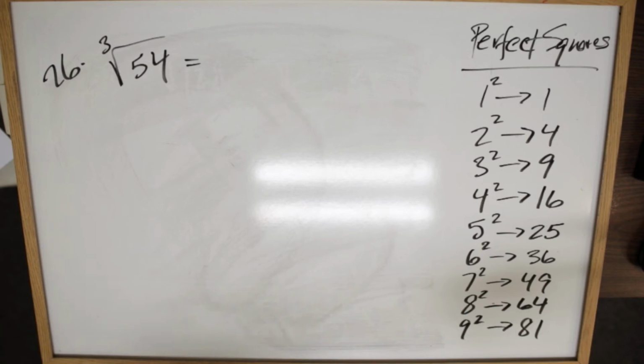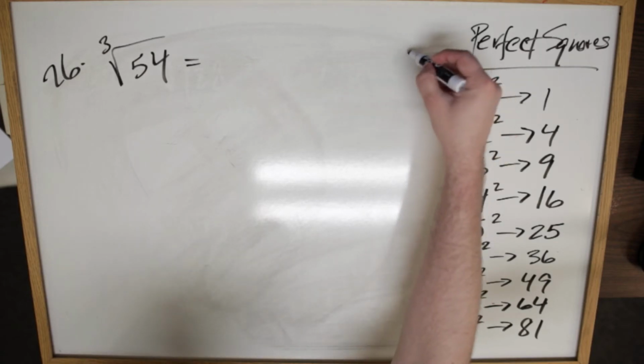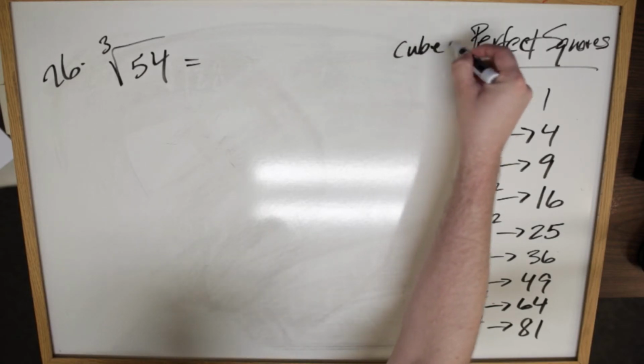I don't expect you to have all of these memorized, but I would think that you should probably have just a couple in the back of your mind for cubes. So let me just write cubes right here.